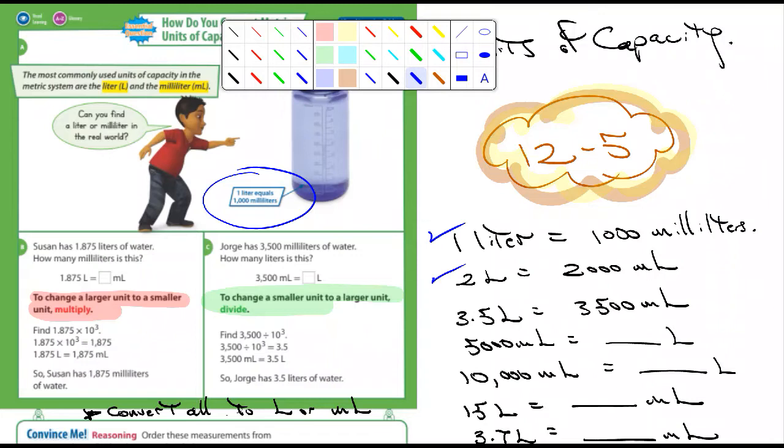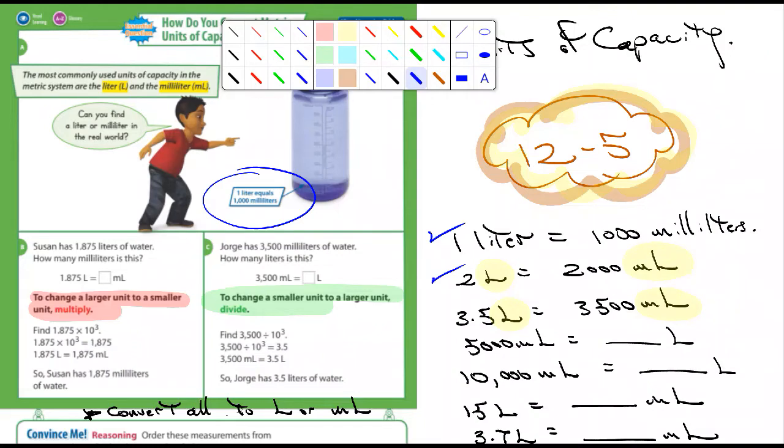Also, take note how it's abbreviated. A liter is just an L. Milliliter is a lowercase m and a capital L. So if you ever see that, they're talking about liters and milliliters.